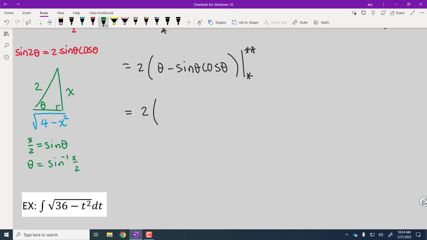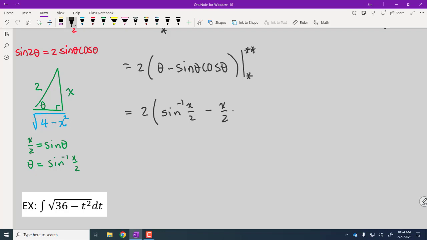We isolate theta in the let statement. So this will be inverse sine of x halves, since sine of theta is x halves. Right there, sine of theta is x over 2. Or you look at the picture, sine of theta is x over 2. Cosine of theta, you look at the picture.